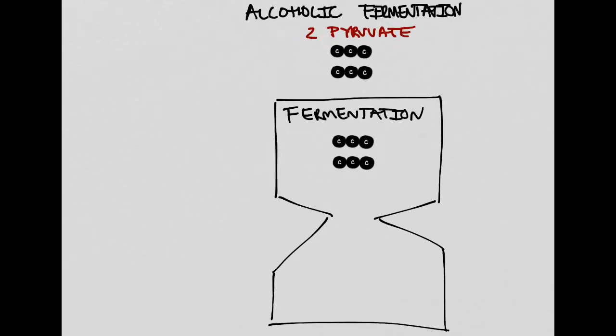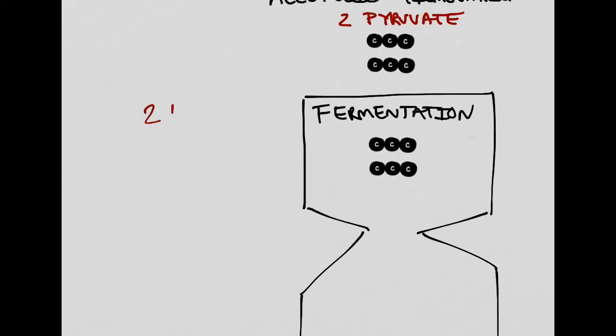We've got 2 H2O, in the form of a liquid, that's going to come in here and react with these pyruvate molecules, and we're going to get out 2 CO2. So we're going to grab carbon and take it off of our pyruvate.